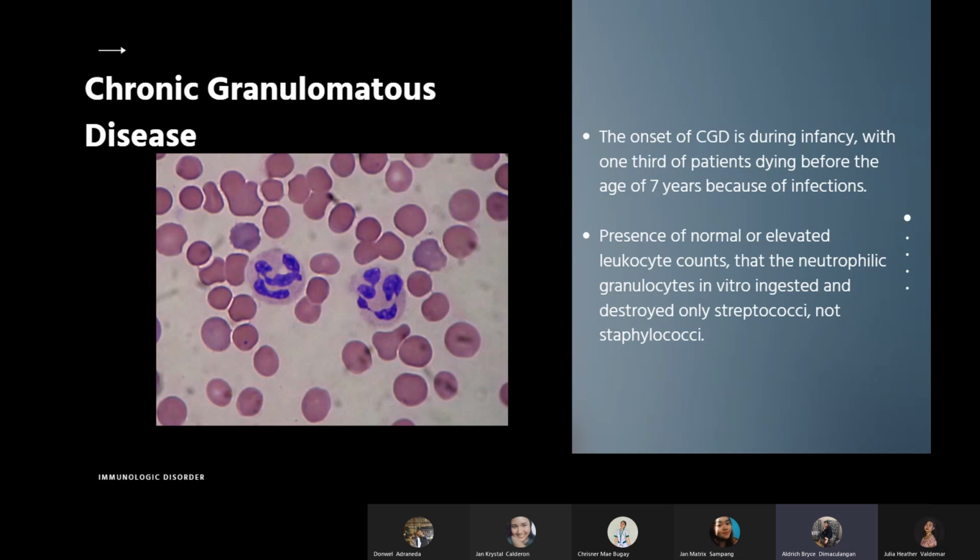Chronic granulomatous disease. This represents a qualitative disorder of neutrophils. It is a rare familial disorder inherited as an autosomal recessive trait. Katulad po ng sinabi ko kanina, nai-inherit din po ulit ito sa isang magulang ng isang bata.